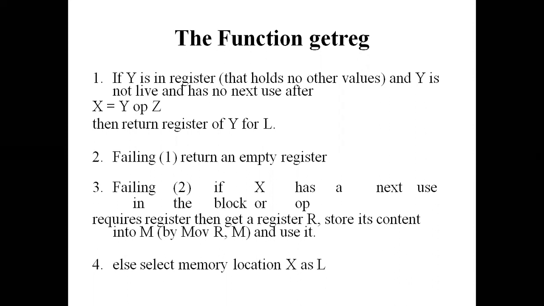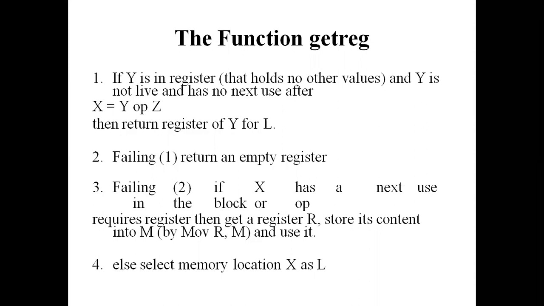Here we have the algorithm for this, and these are the steps in the algorithm. First, here also we are making an assumption that if y is in a register, it holds no other values, and y is not live and has no next use information after. That means we have a three address statement like x is equal to y op z.